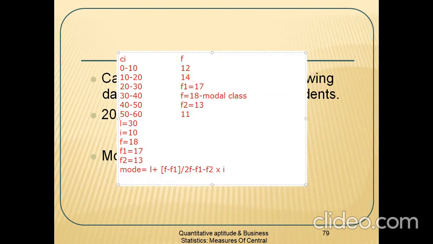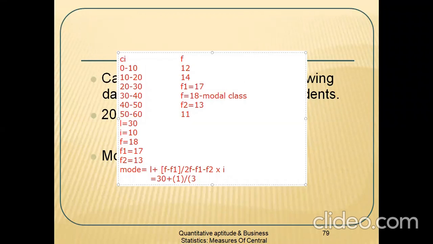That means here the lower limit L is equal to 30, plus F minus F1. So F minus F1 means 18 minus 17, which is 1, divided by 2F.